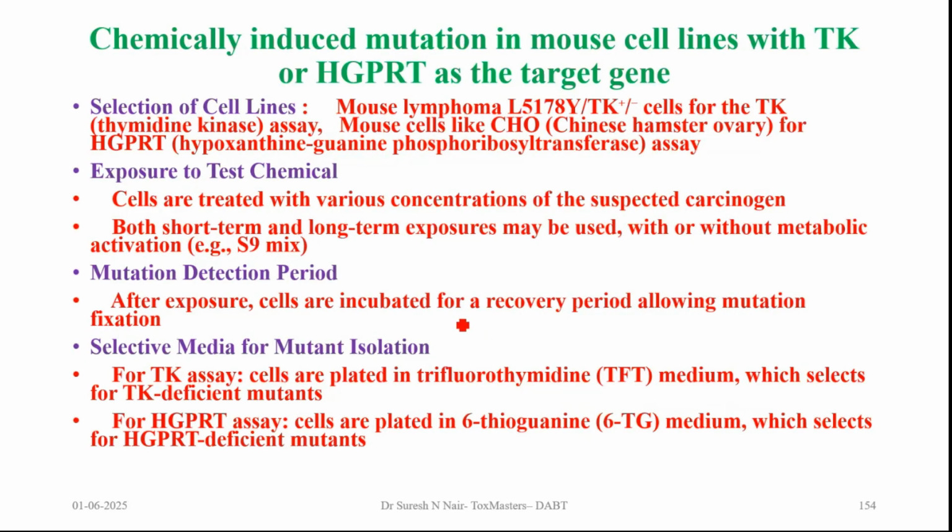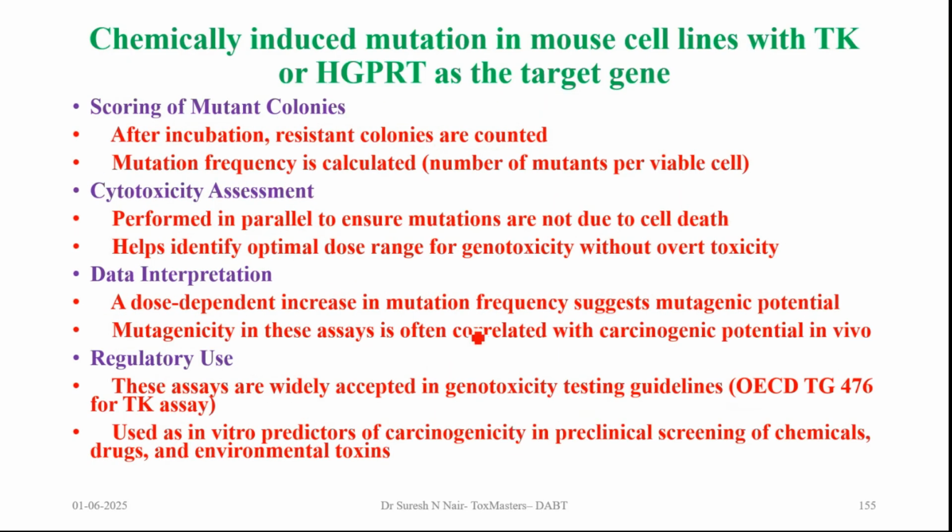After exposure, the cell will be incubated for a recovery period, allowing for the mutation fixation. For TK, we use trifluorothymidine, and for HGPRT, we will be using thioguanine. Then we have a scoring of the mutant colonies, cytotoxicity, data interpretation, and the regulatory use of this test.